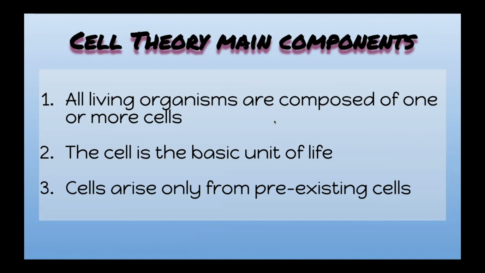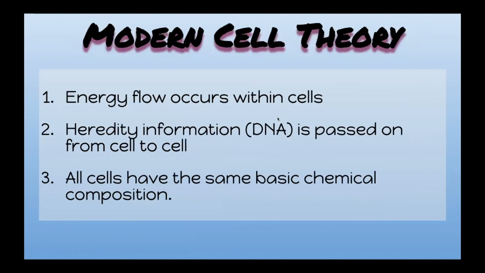Now, as you can imagine, our technology and our microscopes have advanced immensely since the 1600s. So modern day scientists have added to cell theory, and there are three more components in modern cell theory. These are in addition to the classic ones. While those other things remain true, current scientists contend that these are also true.